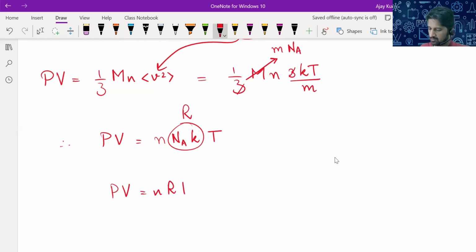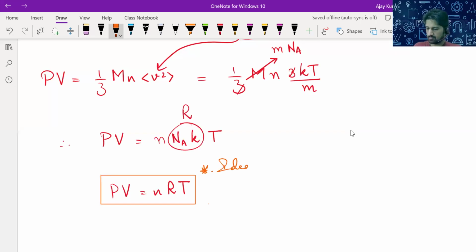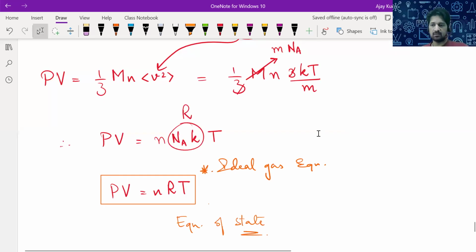That is how you get the ideal gas equation. So basically what we discussed in this class is the derivation of the ideal gas equation, PV is equal to nRT. It's also called the equation of state. What do we mean by equation of state? Pressure, volume, and temperature are the indicators of the state of a gas.